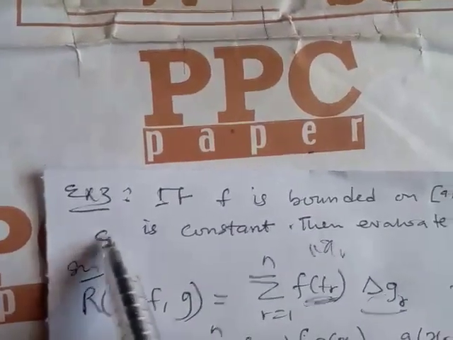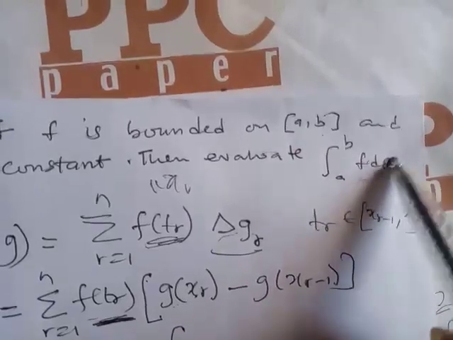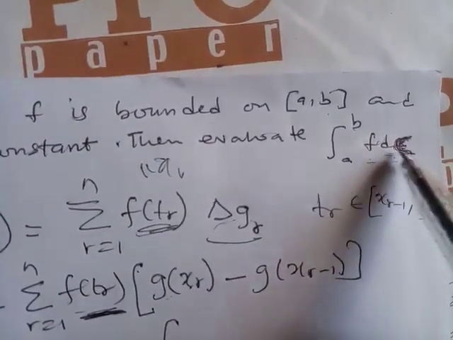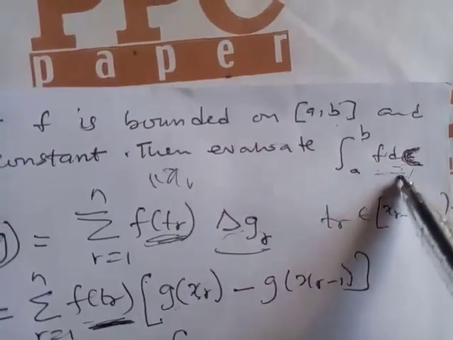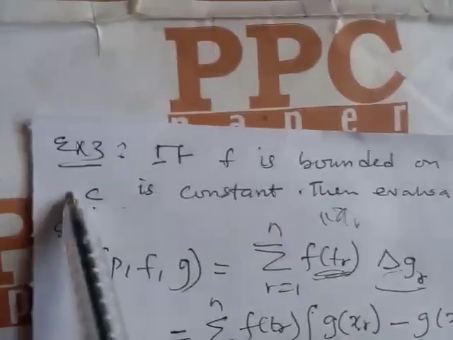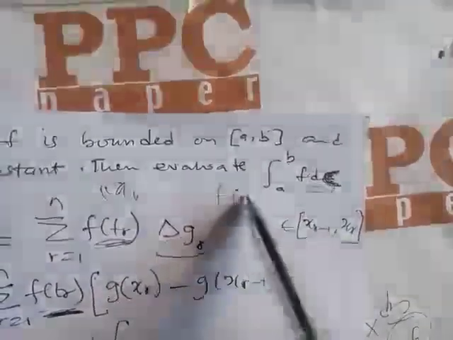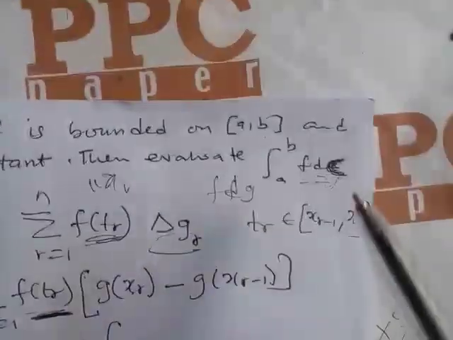The c here means the g. That is, g is constant. So this g is our c that is given here. You know, we normally write f dg. So this is our g.